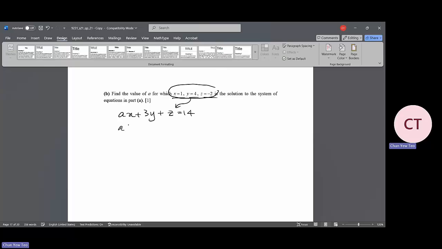So you have a multiply 1 plus 3 multiply 4 plus -2 is equal to 14. Therefore your a will be 4. Done. So this is the answer for number 1b.